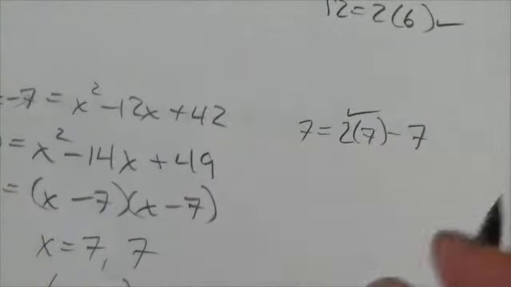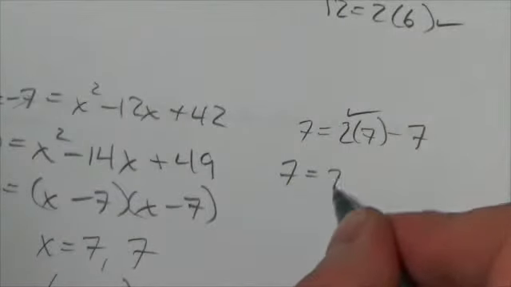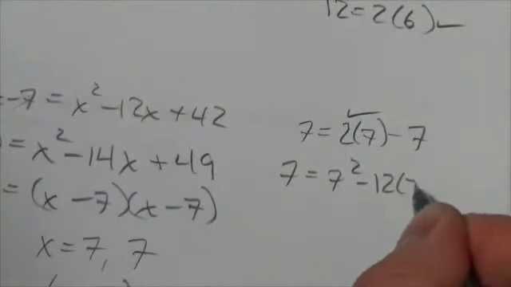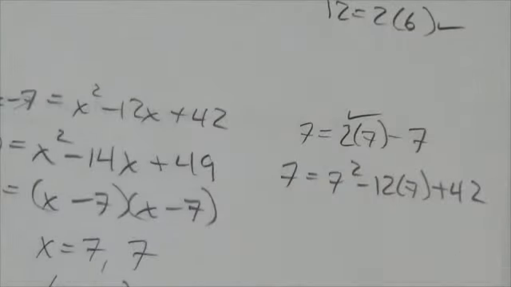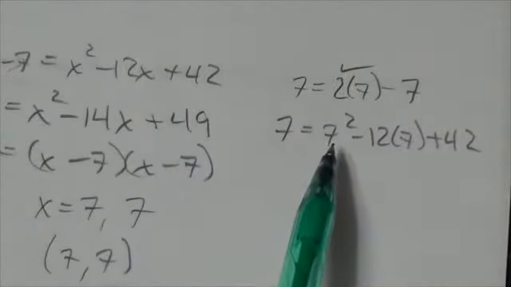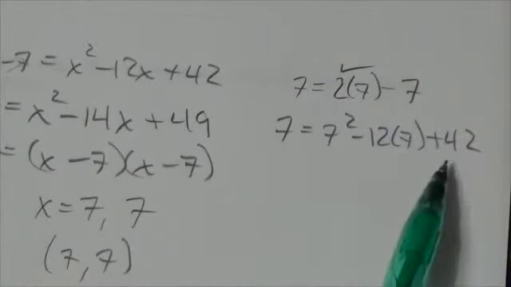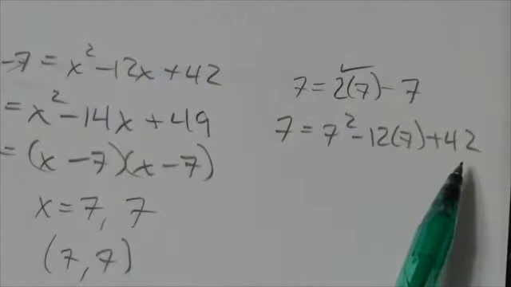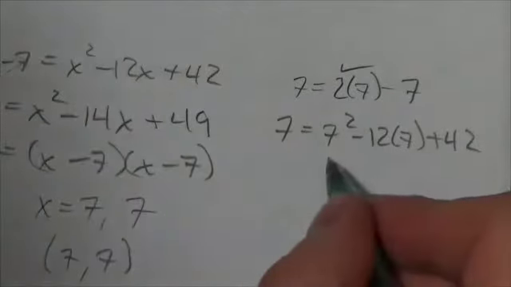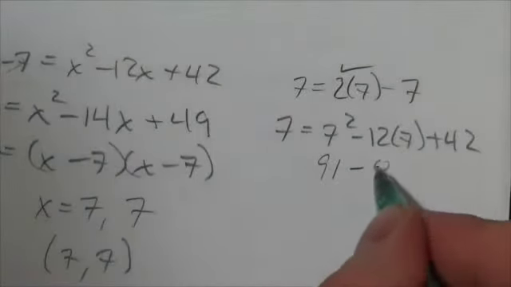I just did that calculation, so yes. Is 7 equal to 7 squared minus 12 times 7 plus 42? That's a little less obvious, but let's take a look. 7 squared is 49 plus 42, which is 91, minus 12 times 7, which is 84.